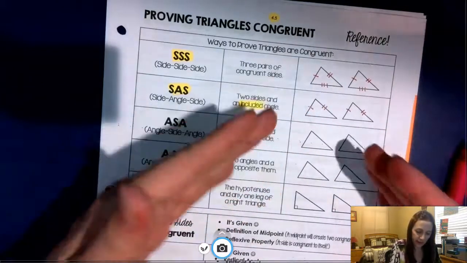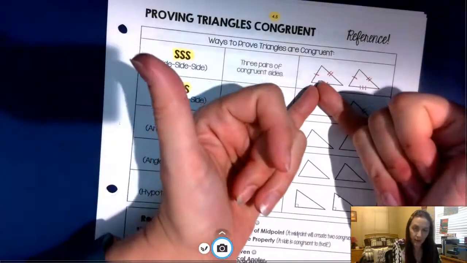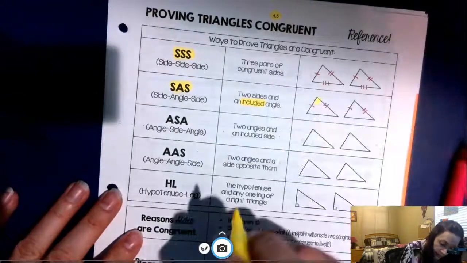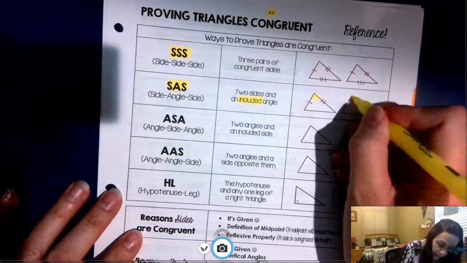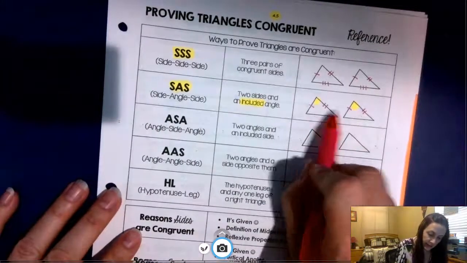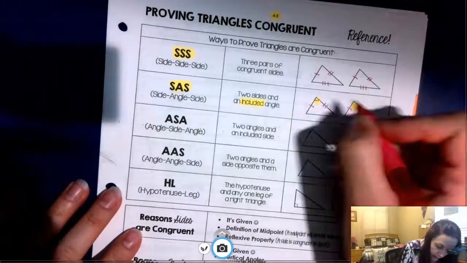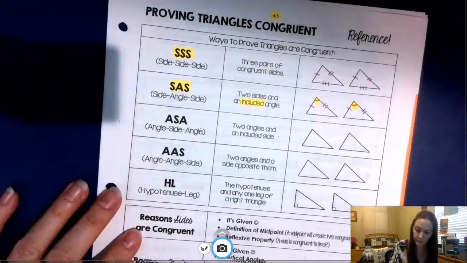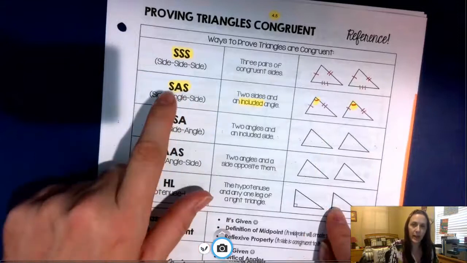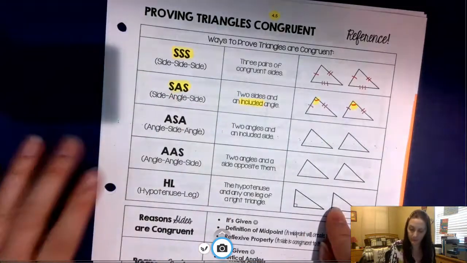Now I always think where the 2 sides meet, right here, that's the angle we're looking for. That's the included angle. So if I know this side is congruent to that side, and that side to that side, and if I know this angle here is congruent to this angle here, I can then say those triangles are congruent by side, angle, side congruence.